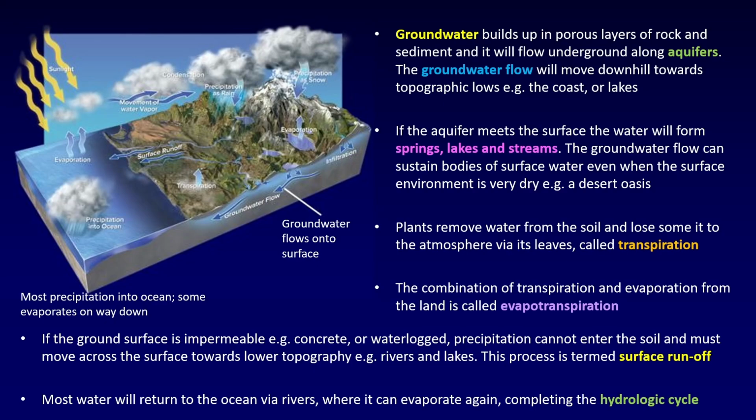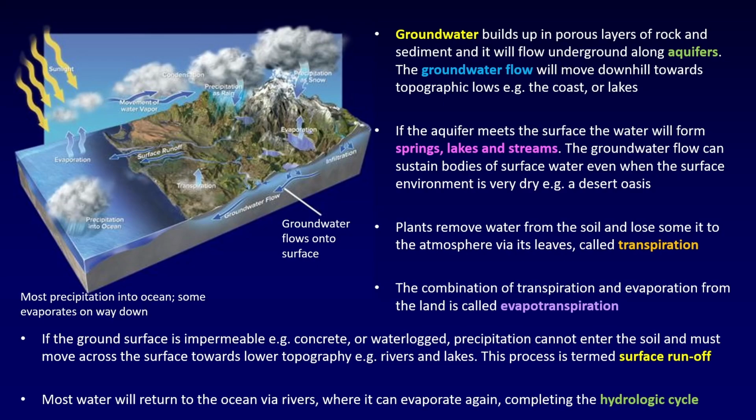And so some of that water that's contained within the plant will actually exit the plant through these pores in the leaves, and it will be lost to the atmosphere through evaporation. So this process of water leaving the plant, primarily through the pores of its leaves, is referred to as transpiration. And this is also going to put water back into the Earth's atmosphere.